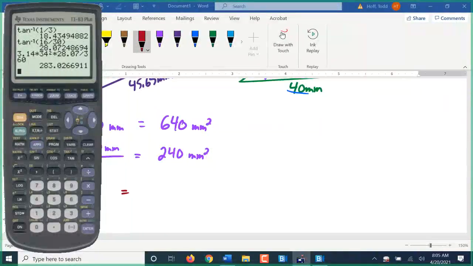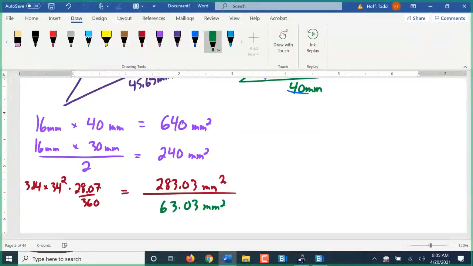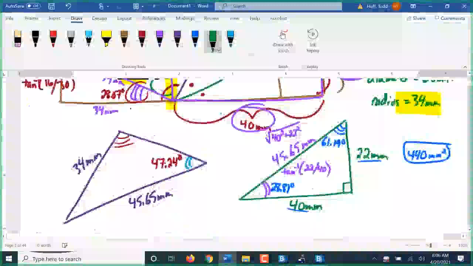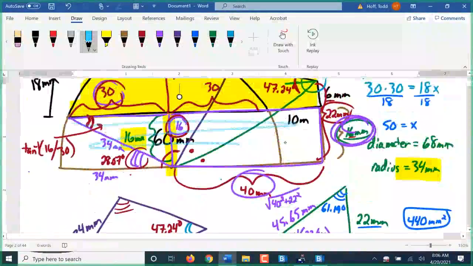Giving us 283.03. So if we add those up, we get 1,163.03 millimeters squared. That's the area of this bottom piece down here that has to be subtracted out.